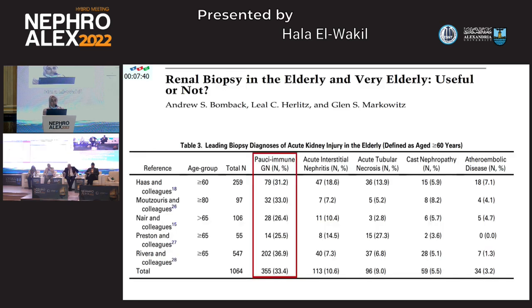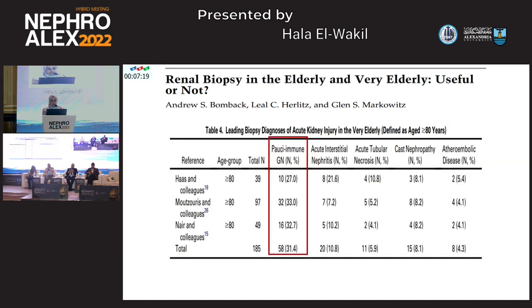This study showed renal biopsy in elderly above 60 and very elderly above 80, and they found that in biopsied AKI, the main cause of AKI in such populations was post-immune GN, in the elderly population as well as in the very elderly population.